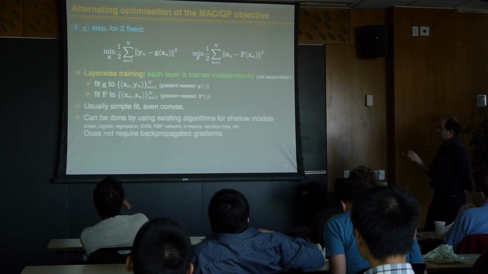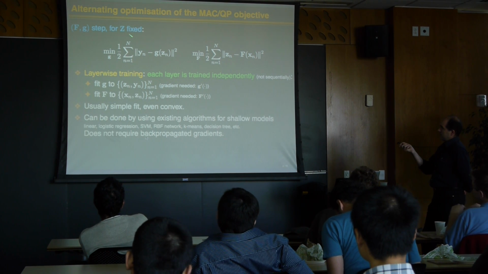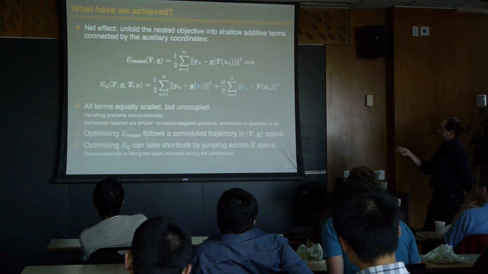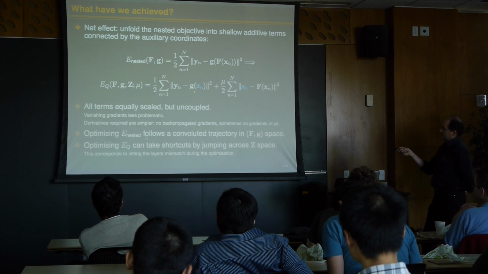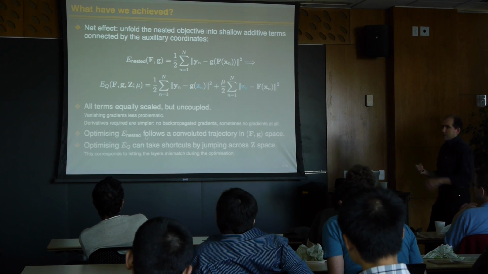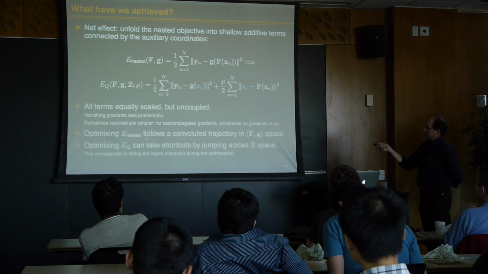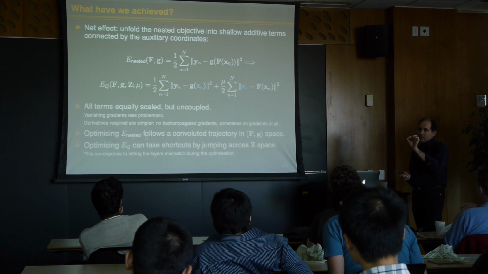Okay, now this is for Z fixed. Now if we fix f and g, these two functions, and then we optimize over Z, we have a lot of Zs here. We have one per data point, but you can see that they appear additively as well. So each Z for each data point becomes a subproblem.